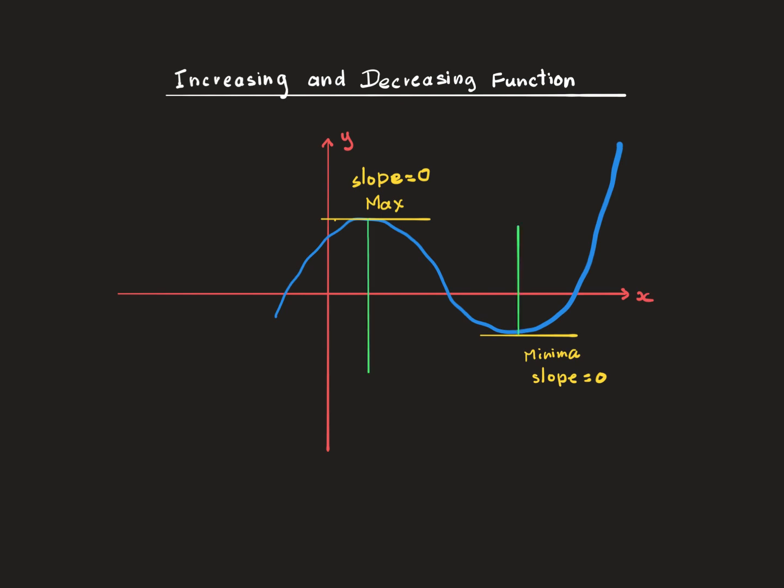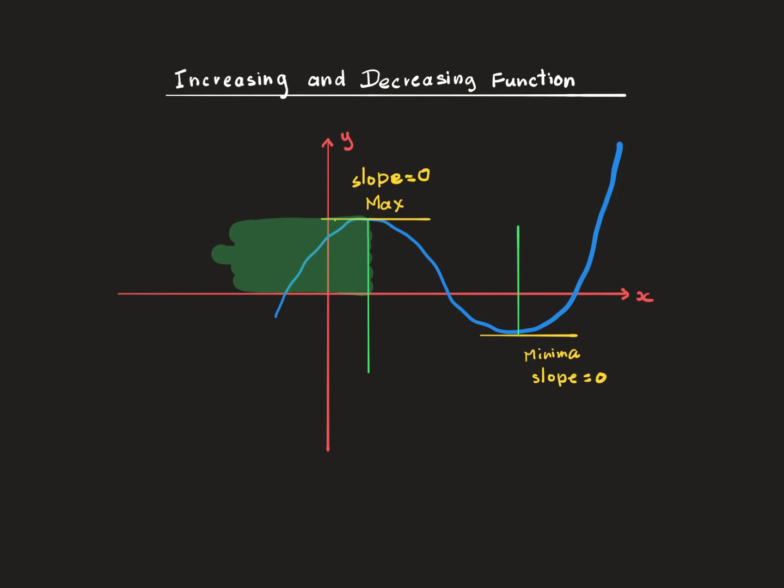Drawing a dotted line through these maxima or minima, shown here in green, will show you whether this region increases or decreases. And we can see that all the values to the left of the maxima, shaded here, show that the function is actually increasing.